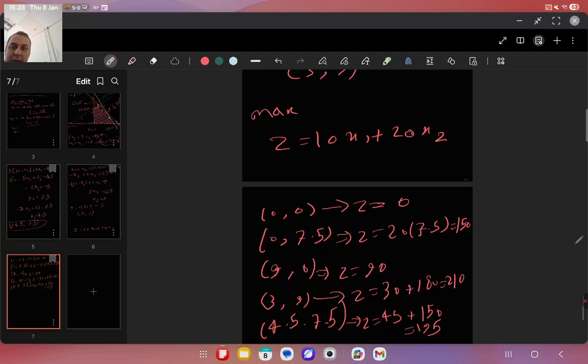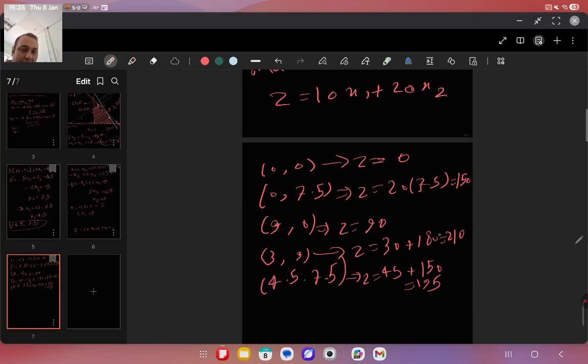Maximization. If it is maximization, we have to look for the corner point that has the maximum value.